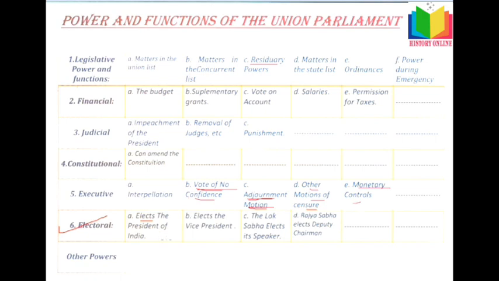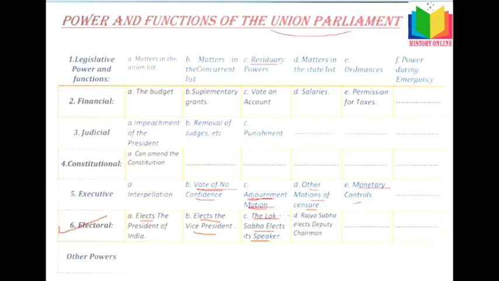And after that, the election of vice president. Union Parliament can elect the vice president, who is the presiding officer of Rajya Sabha. The next one is Lok Sabha elects the speaker.